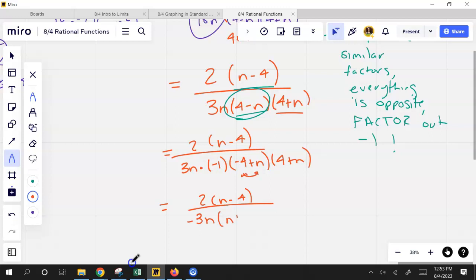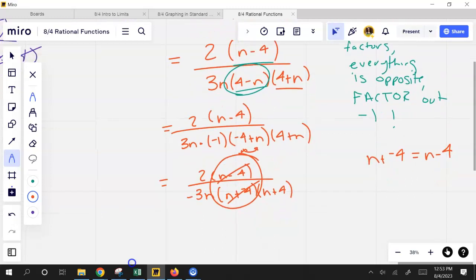So I'm going to say n plus negative 4 and n plus 4. Well, aren't these two things the exact same thing? Is n plus negative 4 the same thing as n minus 4? Yes, indeed it is. So these are the same, and so I'm going to cancel them. What I'm left with is 2 over negative 3n, n plus 4.